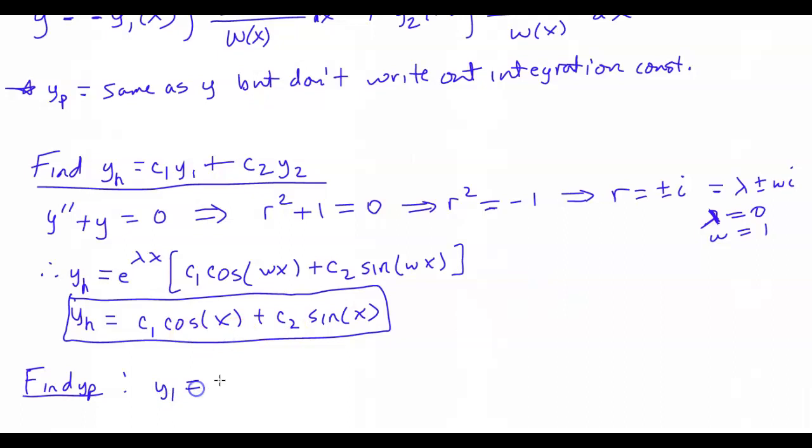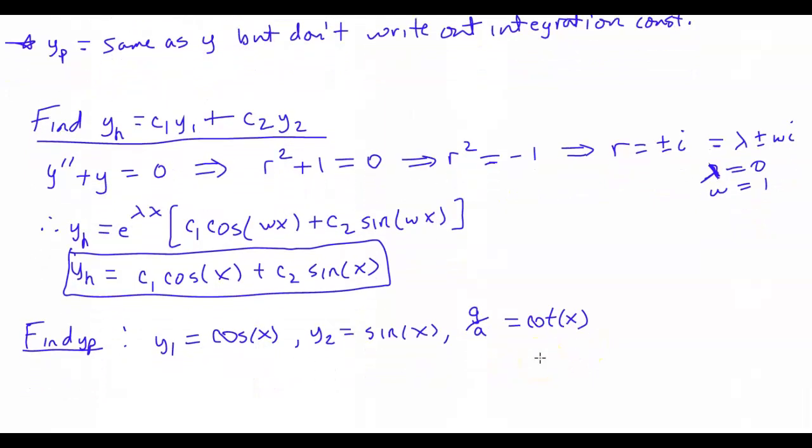So my y sub 1 is cosine of x. y sub 2 is sine of x. My g divided by a is going to be cotangent of x. And then we'll go ahead and calculate what our Wronskian expression will be.